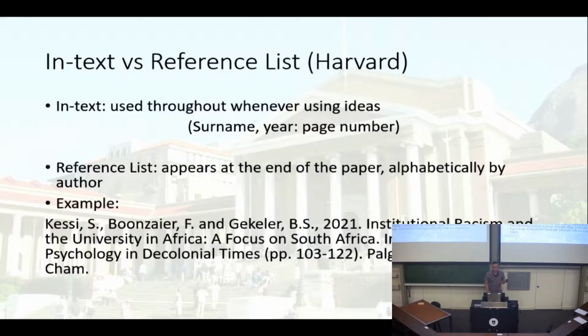So generally you want to be doing in-text referencing at least twice. We're not going to count it if it's just a bunch of opinions, then you can't use it. Then your reference list, which appears at the end of your essay, must be in alphabetical order. Here's an example of Harvard referencing, a reference I recently used because I write about that stuff.